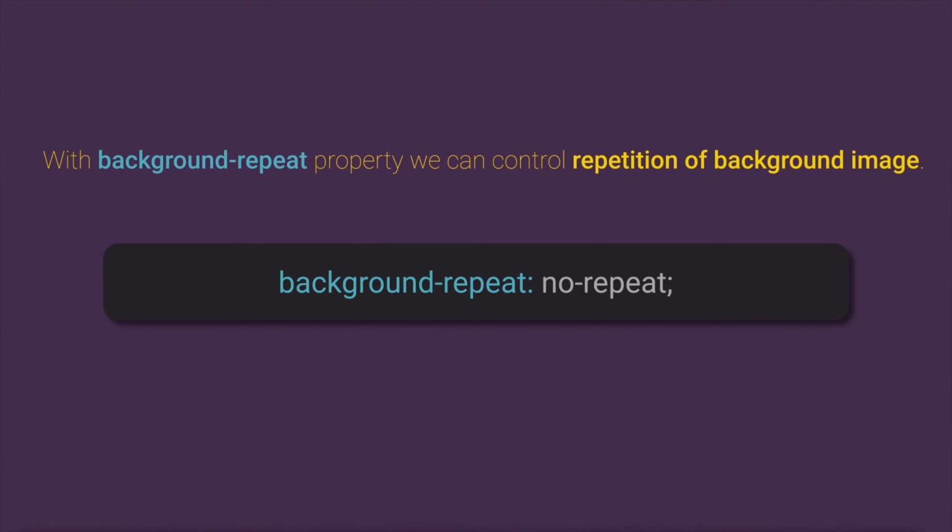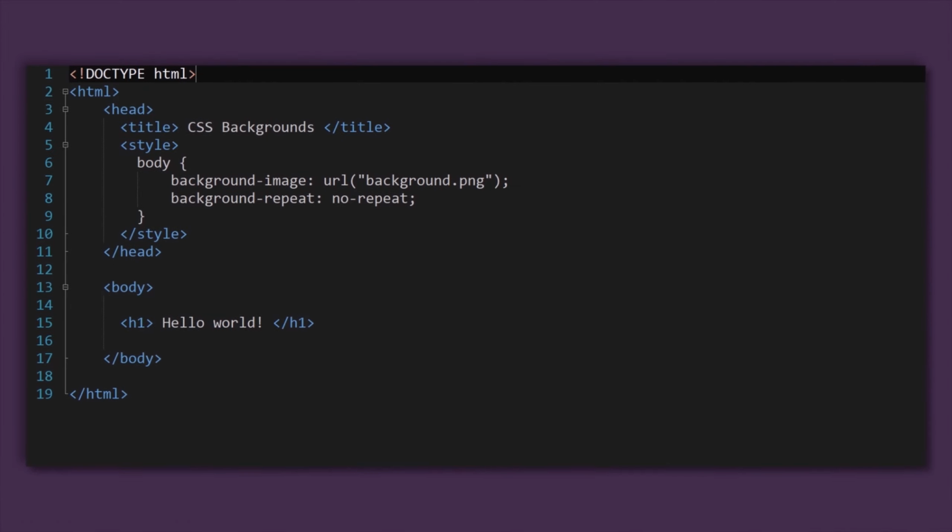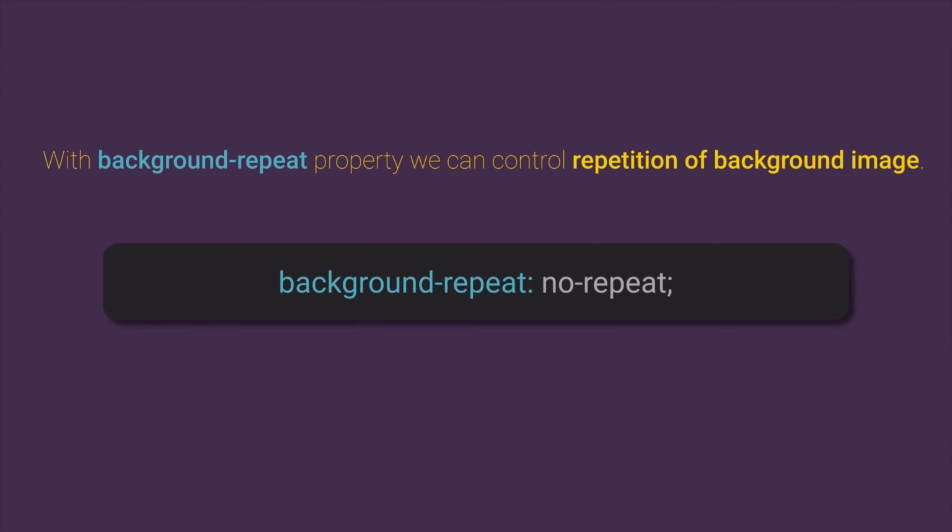With the background repeat CSS property, we can control this default behavior, so we can set no repeat, and we will not allow repetition of our background image. Also, we can control repetition of our background image on specific axes.